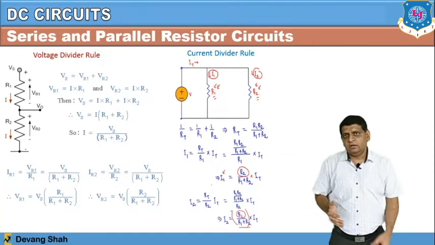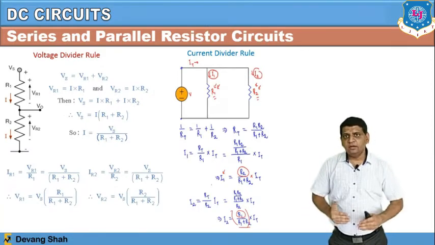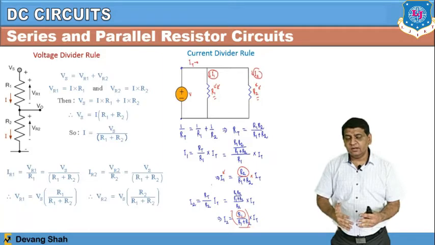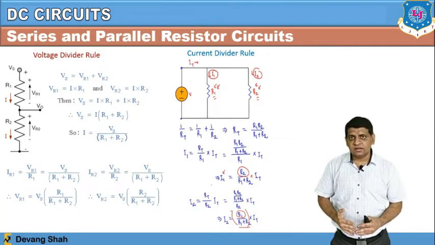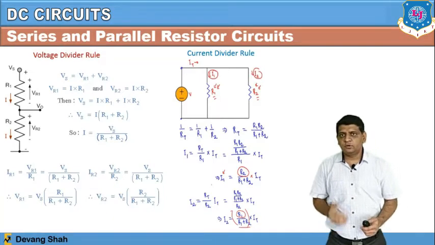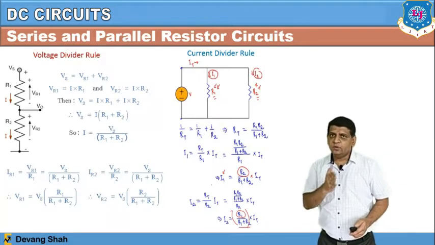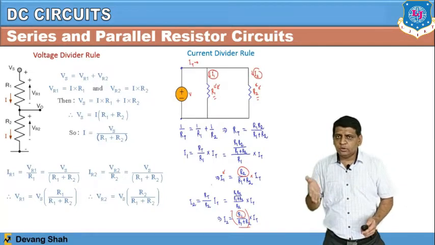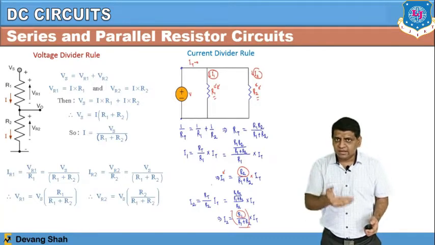In a parallel resistance circuit, voltage becomes the same but the current is different. So I1 is passing through R1 and I2 is passing through R2. You can also consider them as IR1 or IR2.